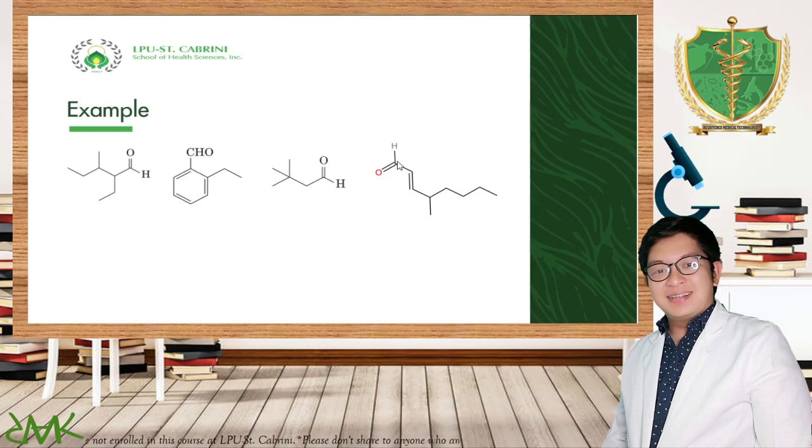So that will be carbon 1, carbon 2, carbon 3, carbon 4, 5, 6, 7, 8. So we have here our hydrogen, and here our oxygen. We have a double bond here, and then on carbon number 4, we have methyl.